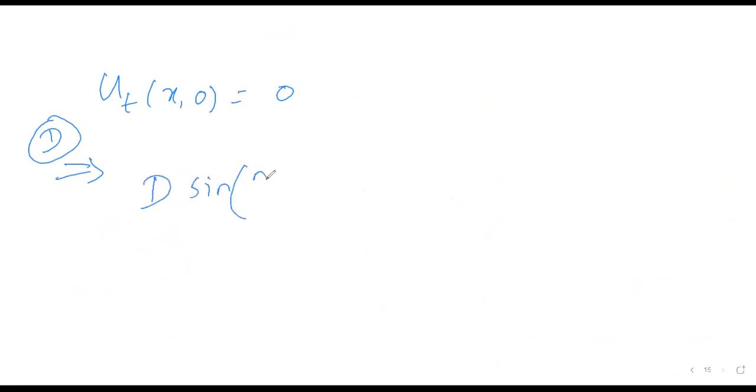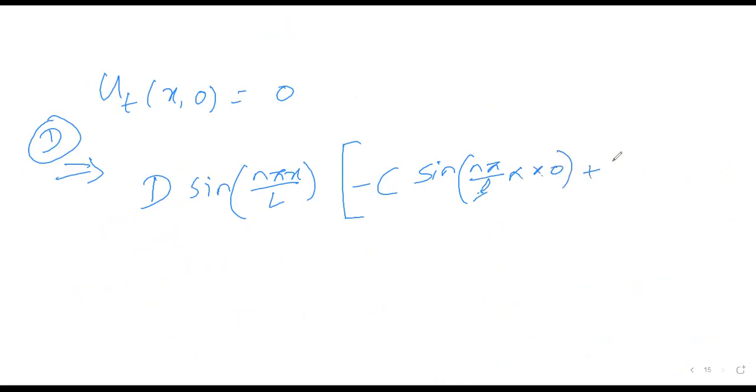If I put x comma 0 for t in this, with u_t equal to 0, equation D will change into: b sine n pi x over L times minus c sine n pi over L alpha, for the t I need to put 0, times 0, plus d times cos n pi over L alpha 0, which is equal to 0.